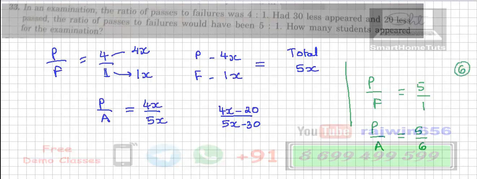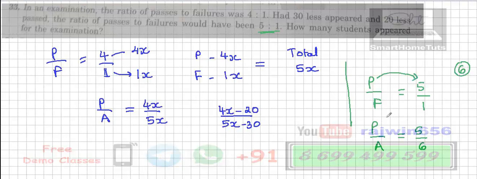Did you understand this? Yes or no? Yes, sir. Correct. Pass upon failure in the second condition, this is becoming 5:1. Okay, so total number of students is going to become 5 plus 1 in parts if we are considering. So pass upon appeared is going to become what?